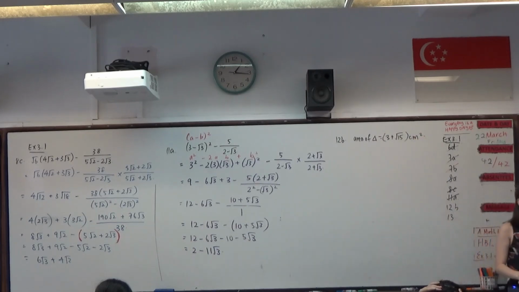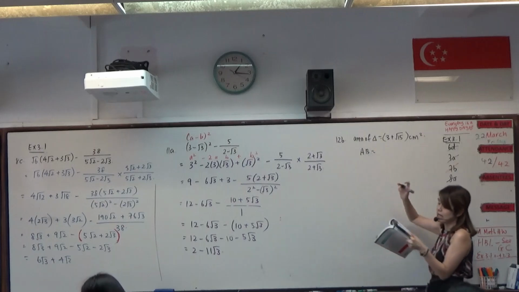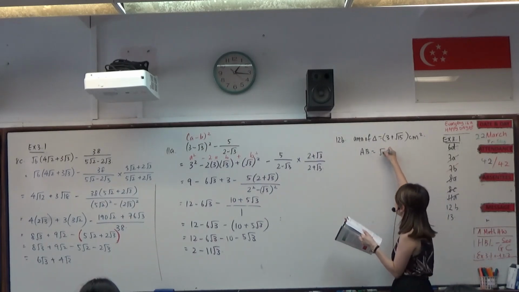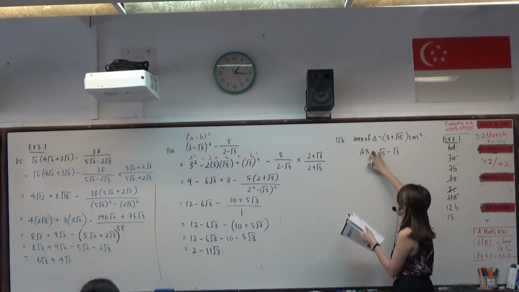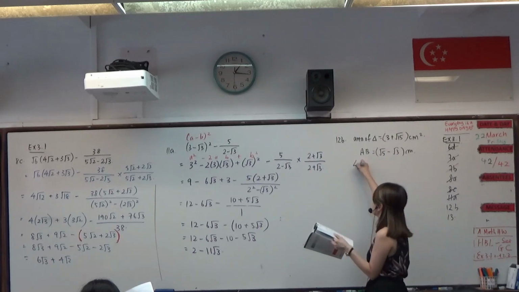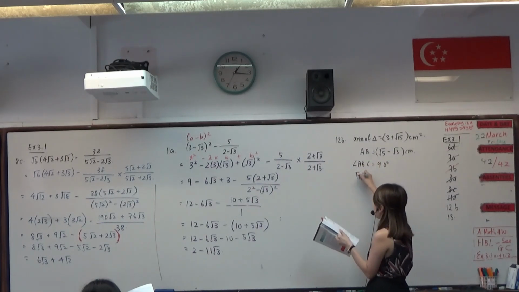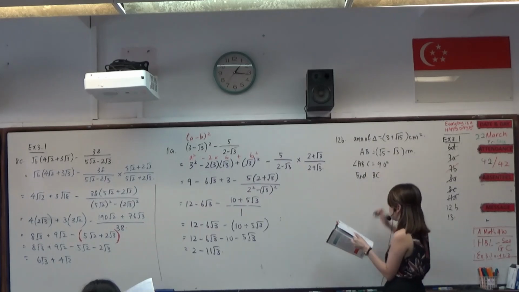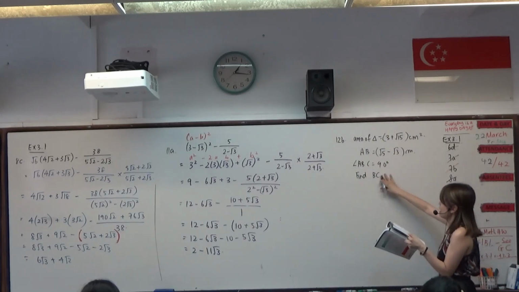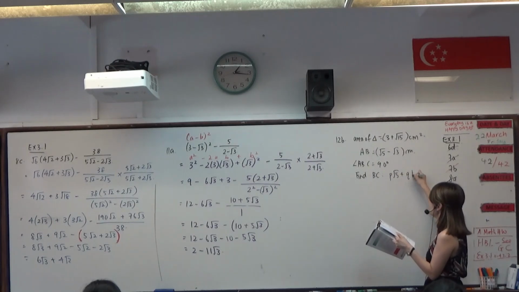And then it says that the height AB is root 5 minus root 3 cm. And they later on said that angle ABC is 90 degrees. We want to find the length of BC. And BC is of the form P square root 5 plus Q root 3.